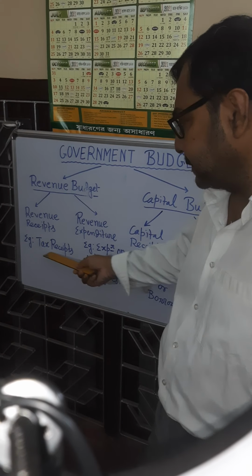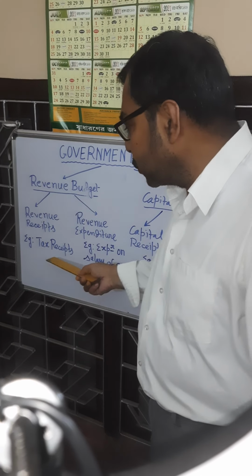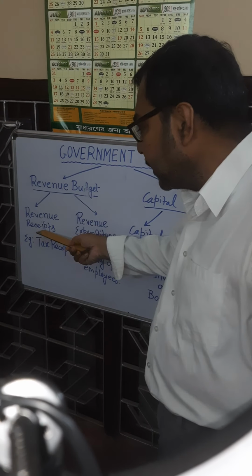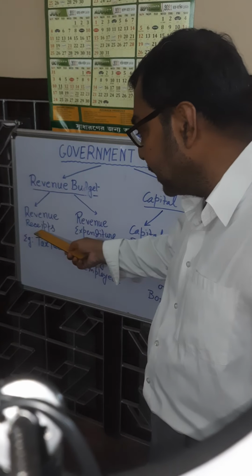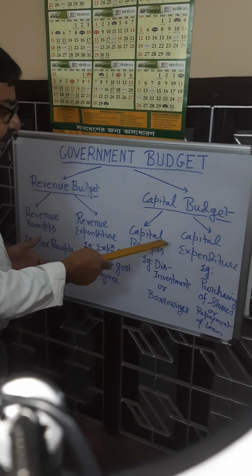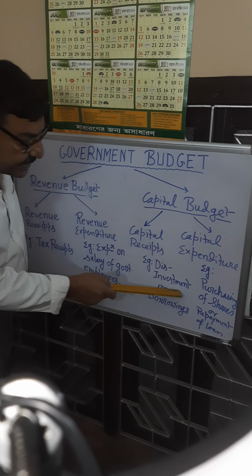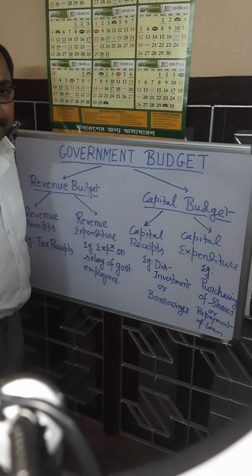Tax receipts. Tax receipts are included within the head of revenue receipts. It is not a capital receipt. Now consider another example. Under the head of capital receipts, we are including investments or borrowings.